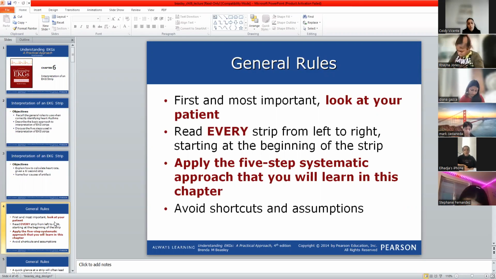Maybe your patient is in an acute condition or an acute emergency. So before you start the EKG, you have to look at your patient, and we have to read the strip from the left to the right.